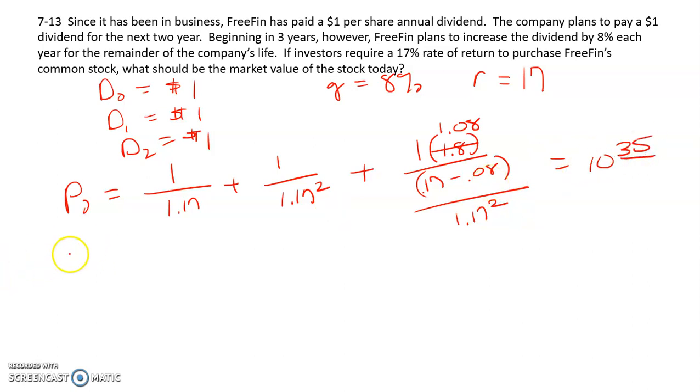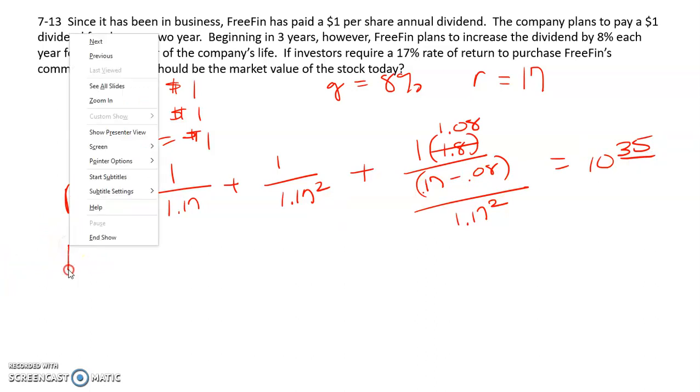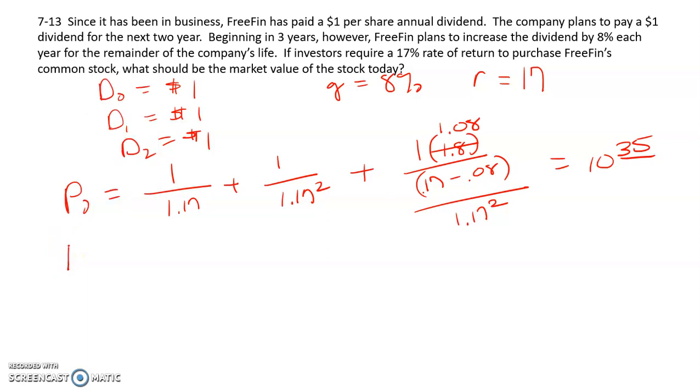Okay, so the short way using a graphics calculator is P0 is 1 divided by 1.17, so that's year 1, that's D1.